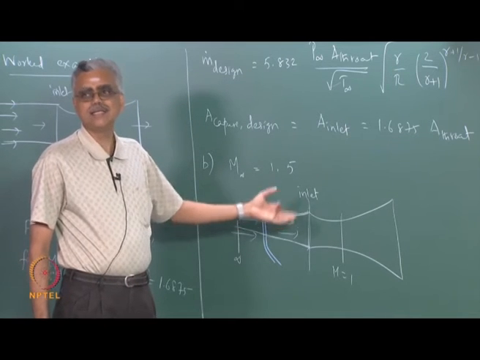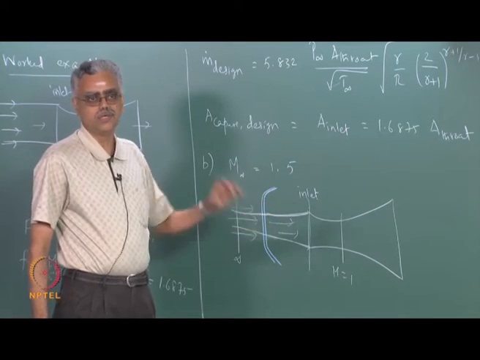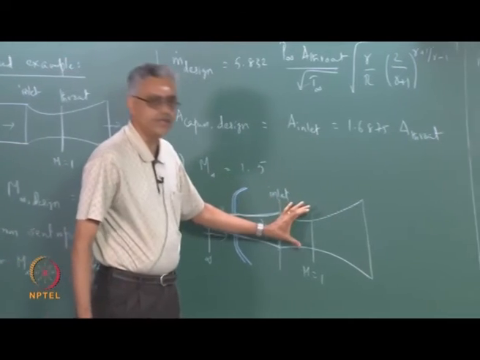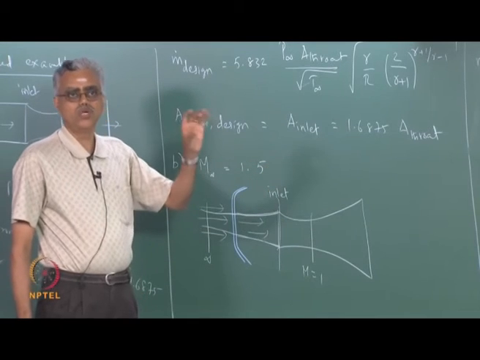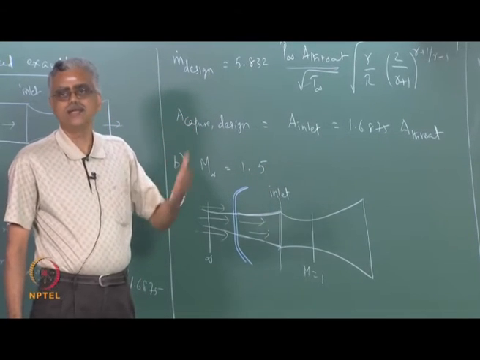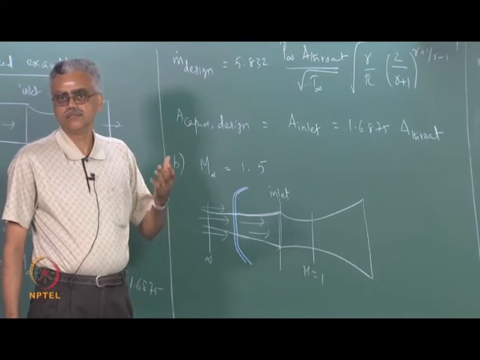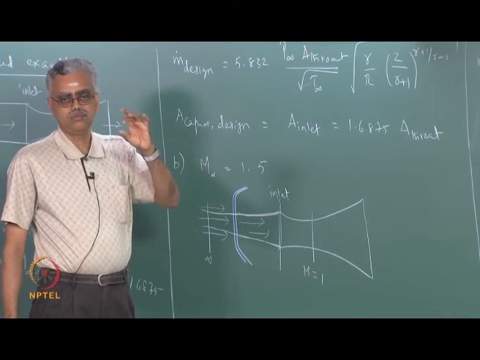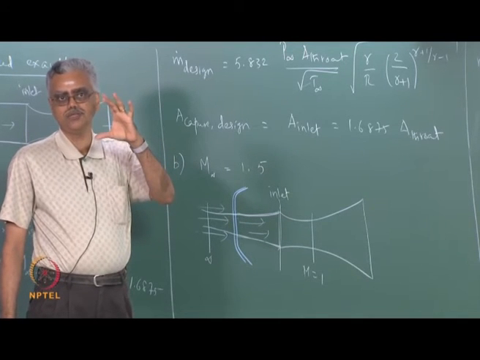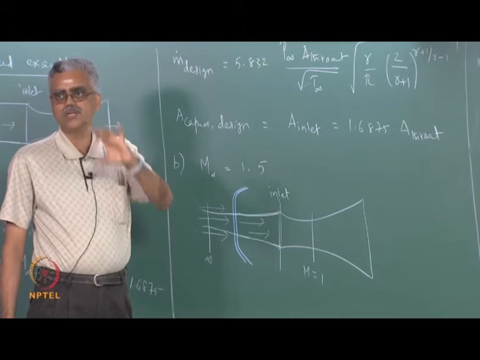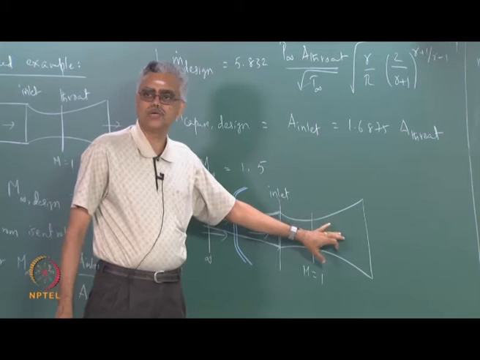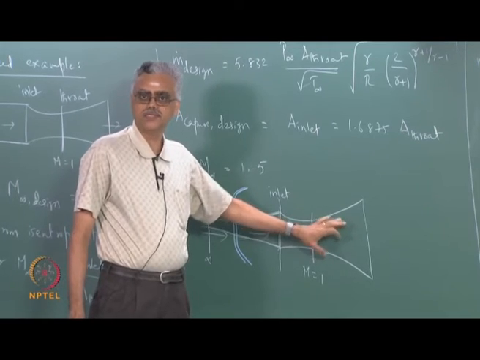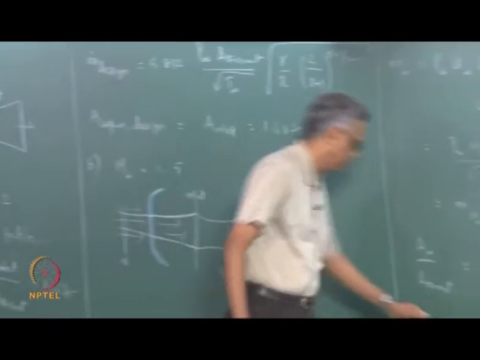In other words, what should be the throat area for the shock to be completely swallowed, and once it is swallowed, what should be the throat area for steady operation. Remember, we said that for swallowing the shock, the throat area should be a certain value. Once it becomes shock free, then we should reduce it to a value which is compatible with isentropic shock free operation. Okay, that is what we are going to do next.